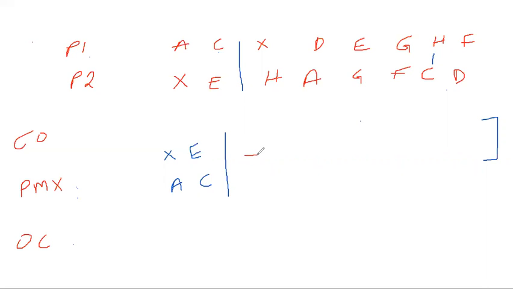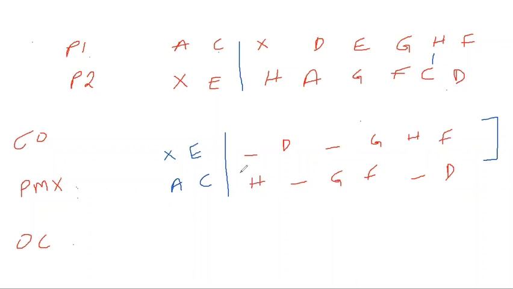So X की position vacant है क्योंकि already occur कर रहा है. The rest are all going to be fixed from the parent one only. Similarly, इसमें A और C को छोड़ के बाकी सारी positions fix हो जाएंगी. So A and this is C. So the rest of the positions come directly.